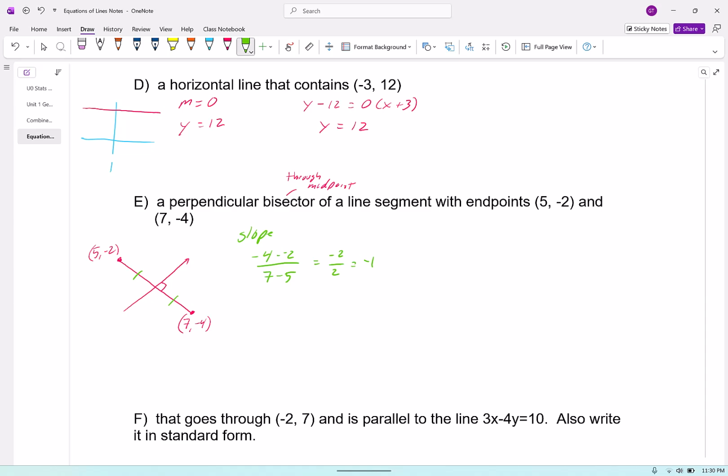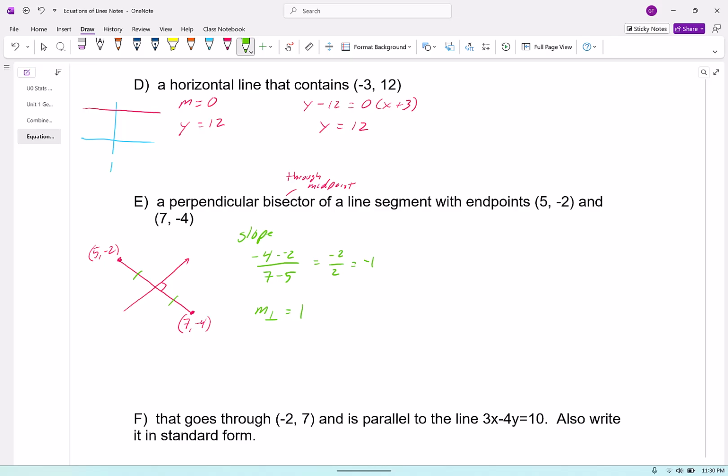So that's my slope. Now, what's the slope of the one perpendicular going to be? The slope of the perpendicular will be the opposite reciprocal, which just becomes positive 1. In this case, the reciprocal is 1 over 1, and the opposite will then be positive.